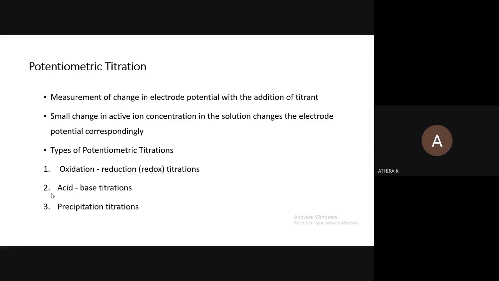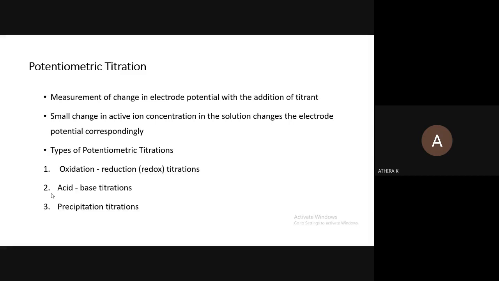It is known as an indicator. We are adding an indicator. And as we said, there will be a change in pH value. Due to the pH change, there will be a color change.